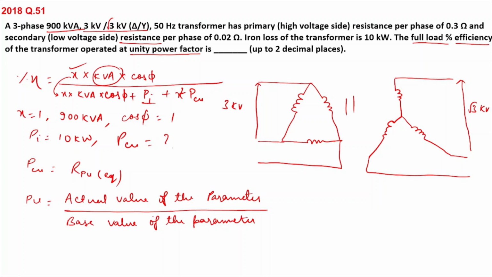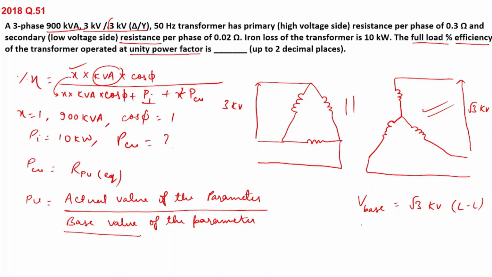Actual value is given, base value we can decide. So we will take the base value of voltage. I think we should go with a star, since a star is very common. So we should refer to the secondary. So base value we will take on the secondary side, that would be root 3 kV line to line.